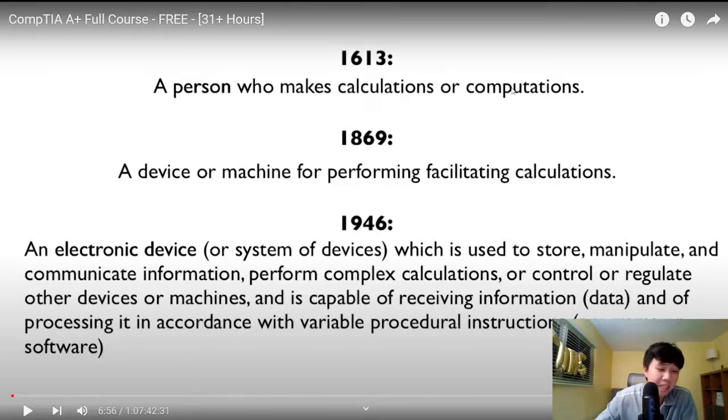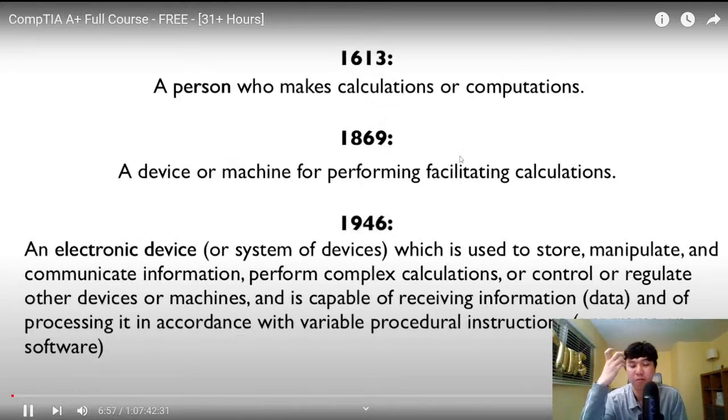Then 1869, nearly 300 years later, it's still a little bit more words, and now it's getting a little bit more complicated. 1946 though, look at that. This is like full-on computers. And now maybe in 2023, 2024, everything might be completely different. Maybe it's going to be on an AI, something like that, right?